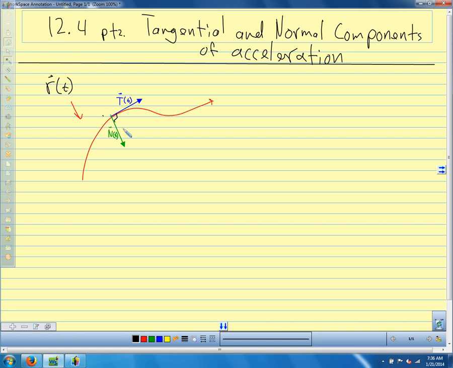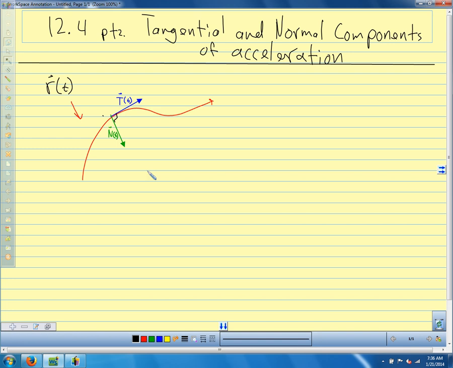So what we want to do today is break down acceleration, or the second derivative of our position vector, into a component that is tangent to the curve and a component that is normal to the curve. So before we do that, let's think physically about what we're talking about here.